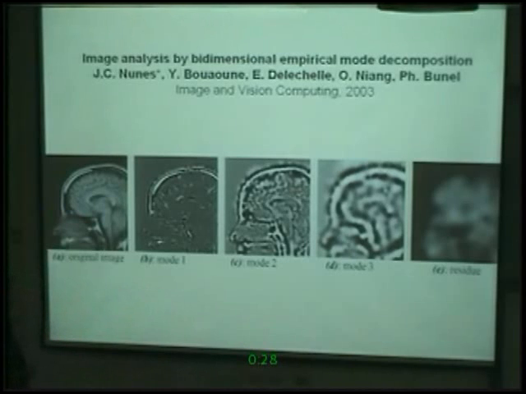So if we decompose this image using 2D EMD, this was actually done by Nunes from France. This paper again appeared in Advances in Adaptive Data Analysis, issue number 1. If you download it, you can get this.